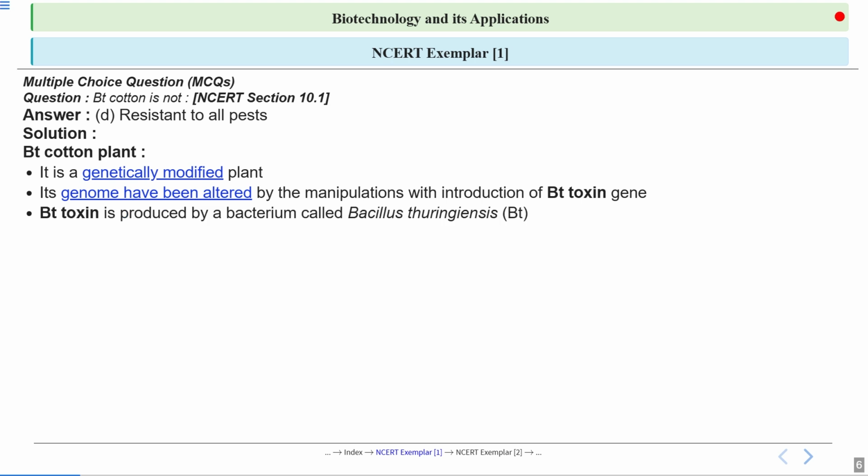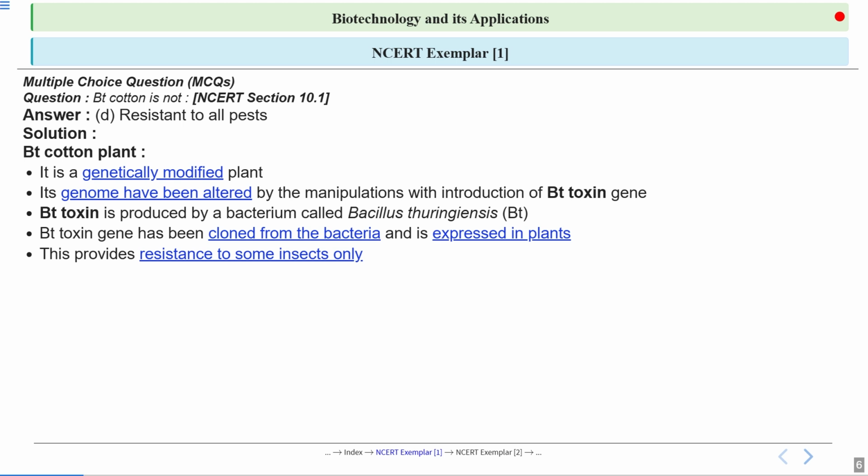Now, this BT toxin is produced by Bacillus thuringiensis, and the BT toxin gene has been cloned from the bacteria and then expressed in the plants.